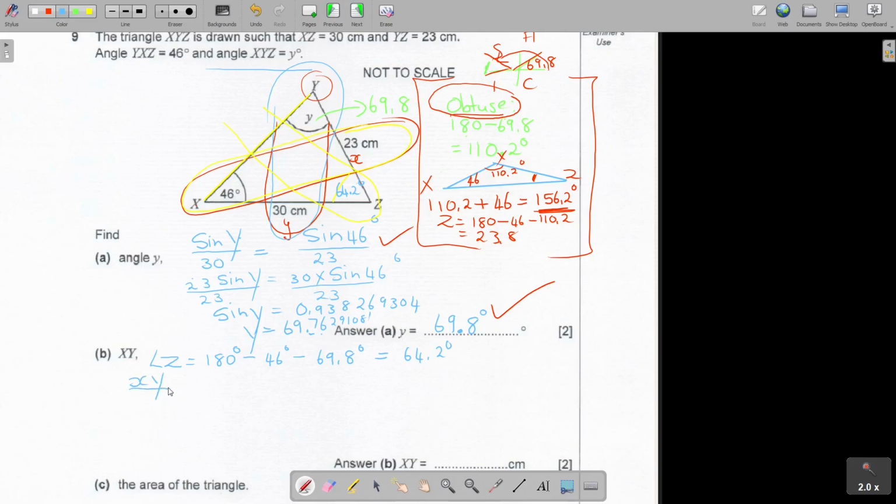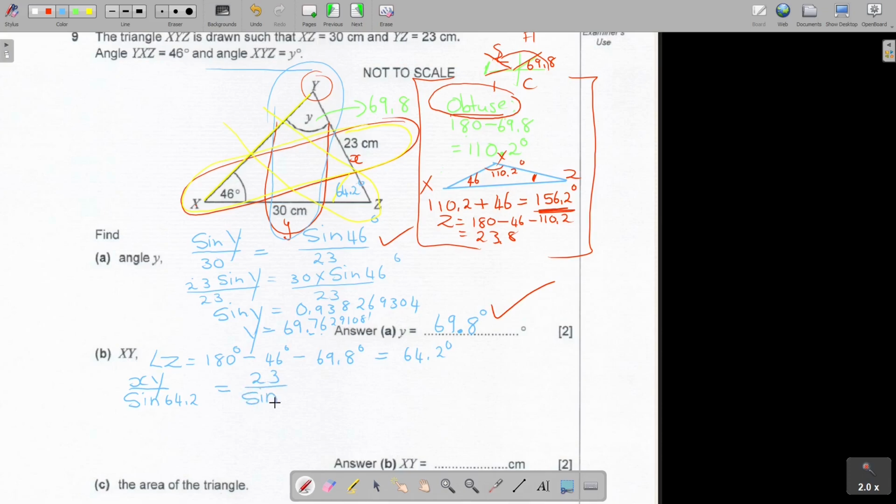And I put this over the angle, which is sin 64.2, and that is equal to, and what is the side? 30 over... no, I prefer that you work with the given one. And what was the given one? The one was this one, where it's 23 over sin 46.